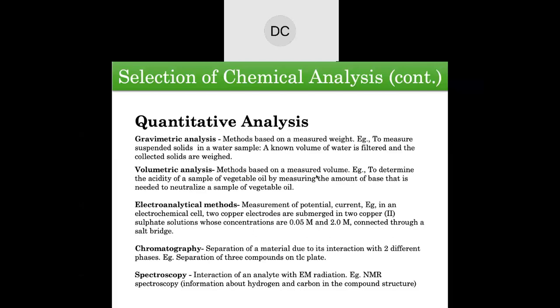And if we talk about chromatography, it's a type of quantitative analysis as well, where it involves a separation of material, where the material interacts with 2 different phases. For example, contohnya separation of 3 compounds on a TLC plate. Awak nak tahu dalam satu bahan tu dia ada berapa compound. Okay, contohlah you are given a sample extract.